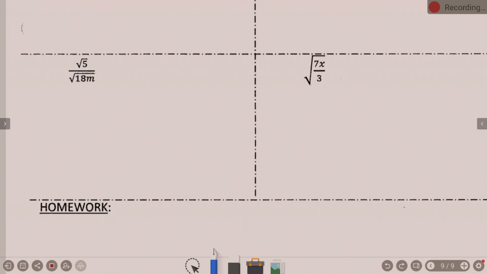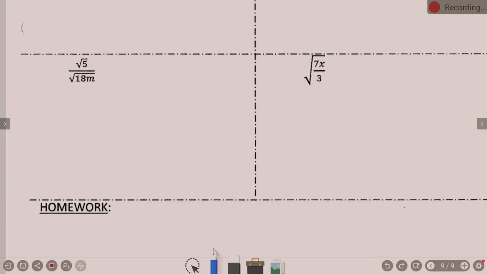First of all, the question I'm always going to ask: does the fraction 5 over 18m reduce any? No. Okay, so always check that first. But what I would do before multiplying by square root of 18m is I would simplify this square root first.